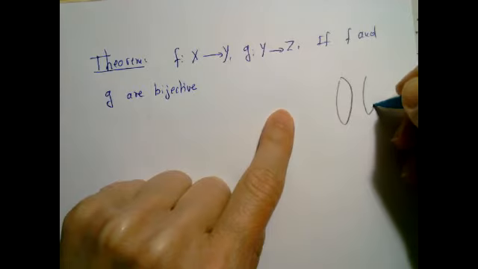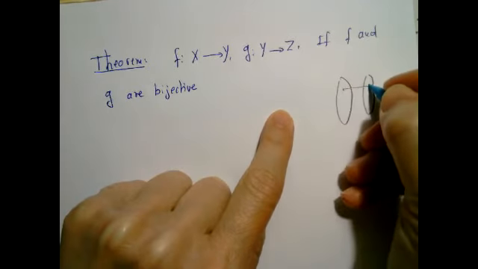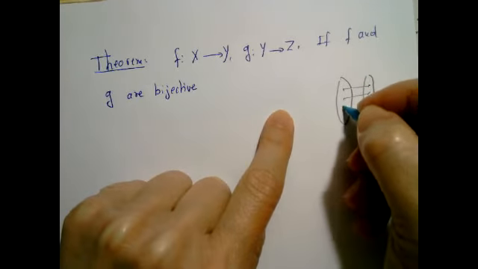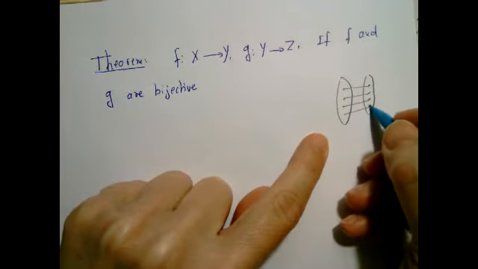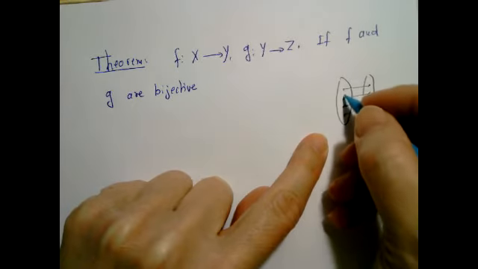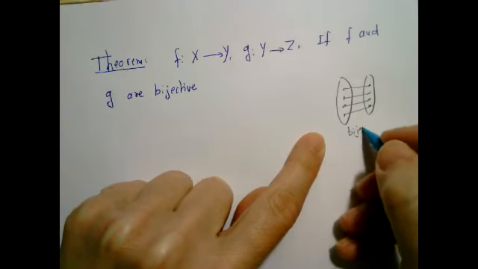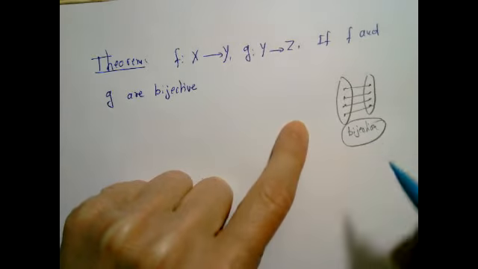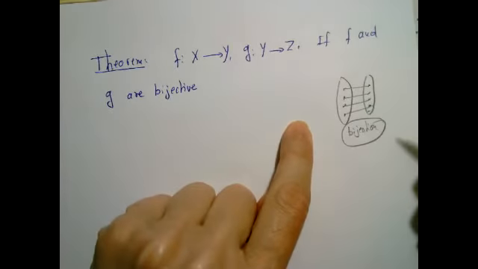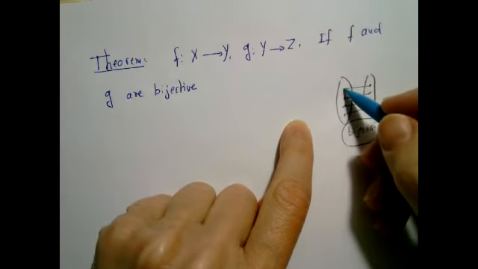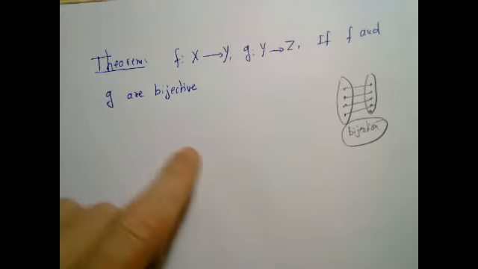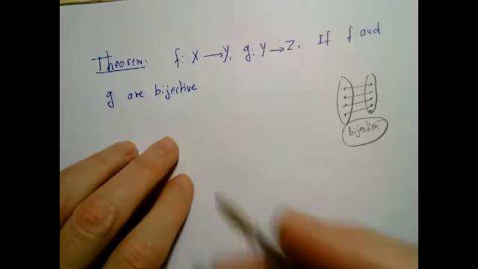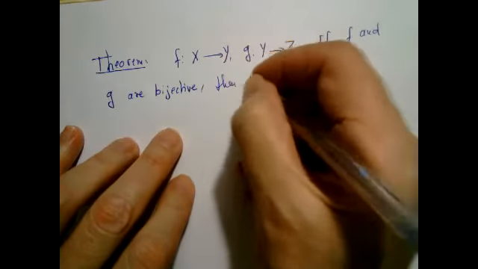It means each element is assigned one element, and every element in the codomain is assigned to something. So that's a bijection, sometimes called a one-to-one correspondence. There is no extra term here because we want to make sure onto is satisfied, and no two elements are sent to the same one because we're going to guarantee the one-to-oneness. So if F and G are bijective, then their composition is also bijective.